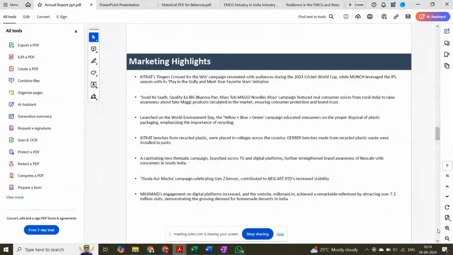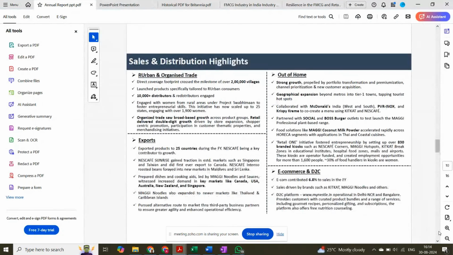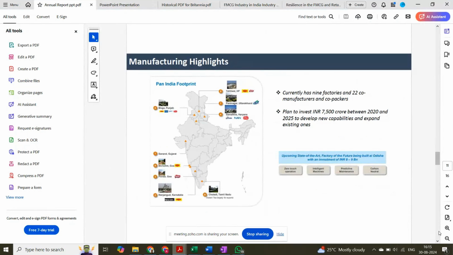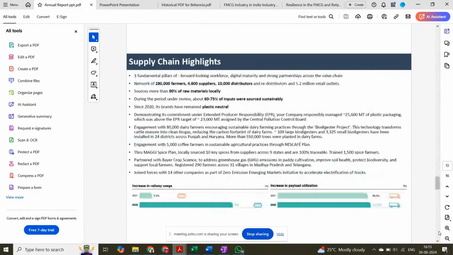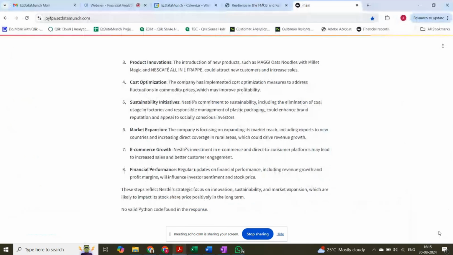Looks at this marketing highlights where they've run some campaigns to increase their visibility into the market. And it has picked up all this. And then finally, it has come back to this, having put them all together.